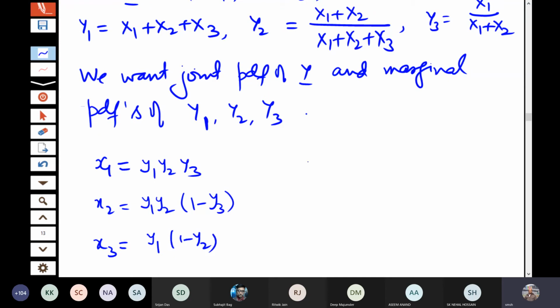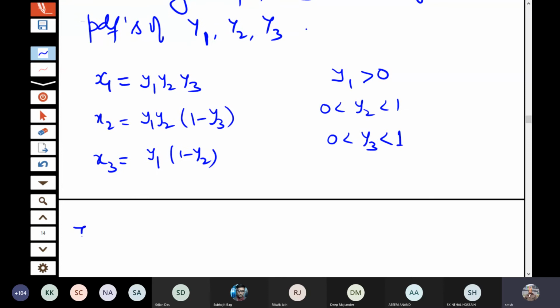What are the ranges of these variables? Y1 is positive, Y2 will lie between 0 and 1, and Y3 will also lie between 0 and 1, because exponential variables are non-negative, that is positive variables. Therefore, from the structure you can understand this is the range here.